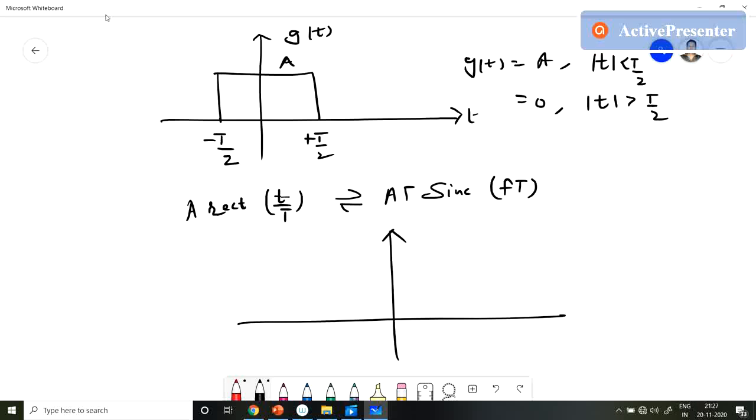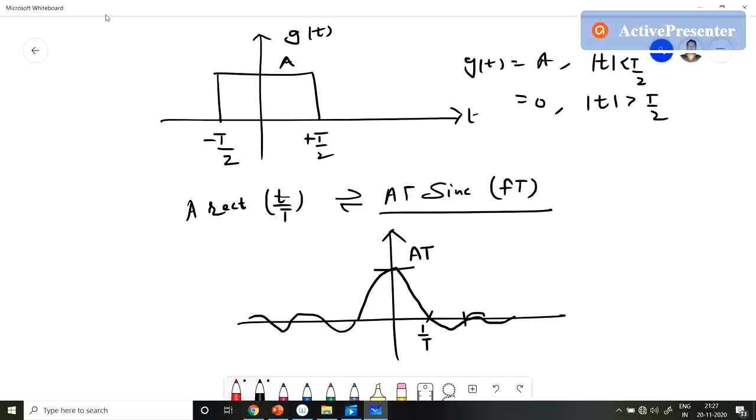If we draw this signal, it is just a sinc. Basically, it is decreasing, and at f equals 0 we have AT, and these are zero crossings.